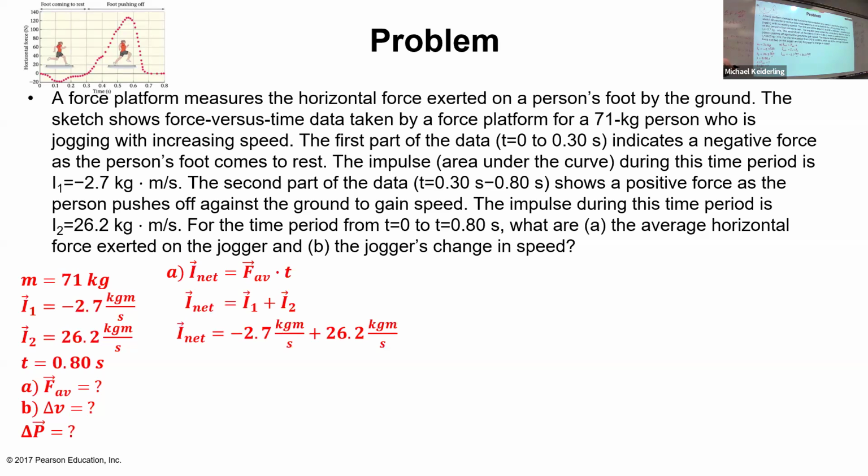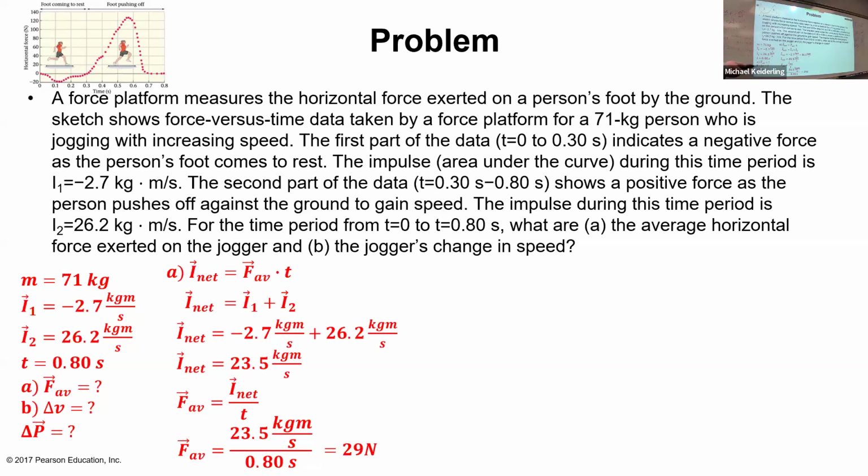So it's minus 2.7 kilogram meters per second plus 26.2 kilogram meters per second, which is 23.5 kilogram meters per second. And the average force is going to be the net impulse divided by time. So 23.5 kilogram meters per second divided by 0.8 seconds. The average force is 29 newtons.